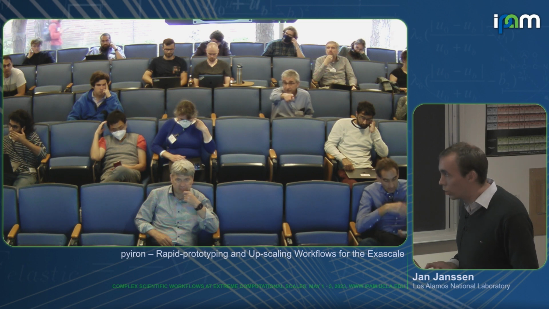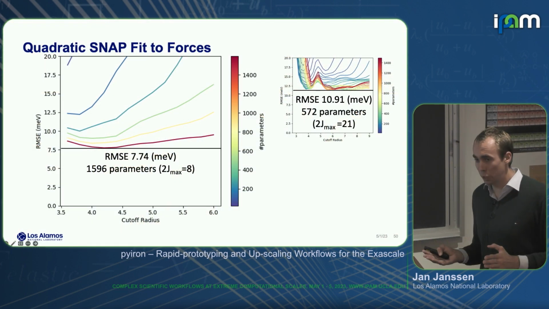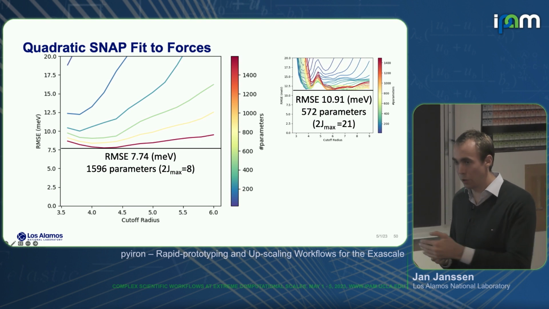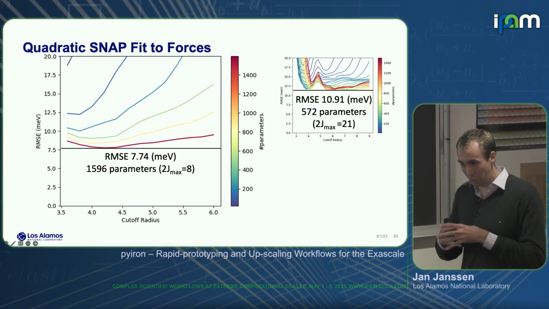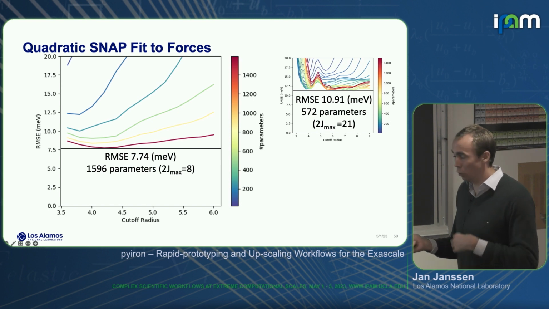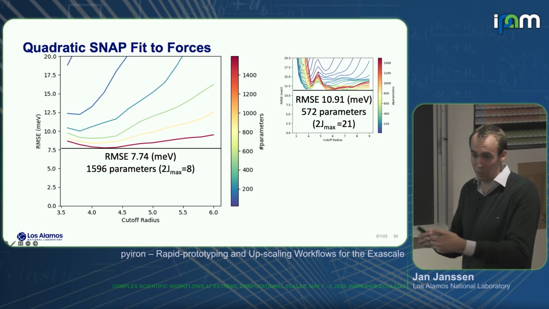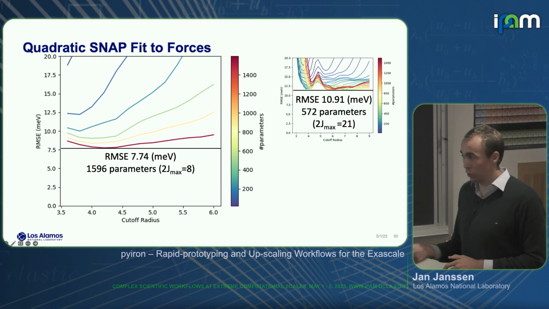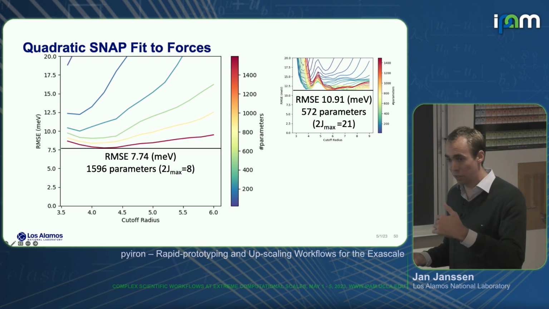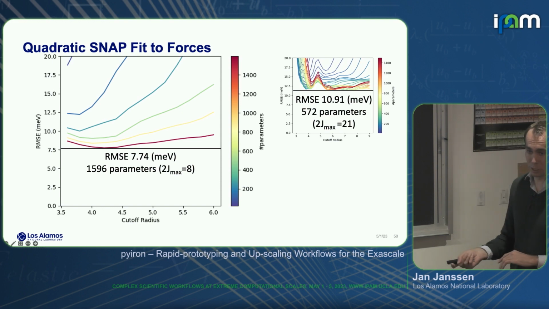Yes, but you have quadratic terms, right? That's why I report both values. If we take the quadratic terms of our bispectral components, we still have the computational cost of just calculating them. We only calculate up to J2MAX equal 8, and then we do the quadratic parts of those descriptors, but that is basically no computational cost. So that's why I report the J2MAX, to have a comparison between the linear and the quadratic.